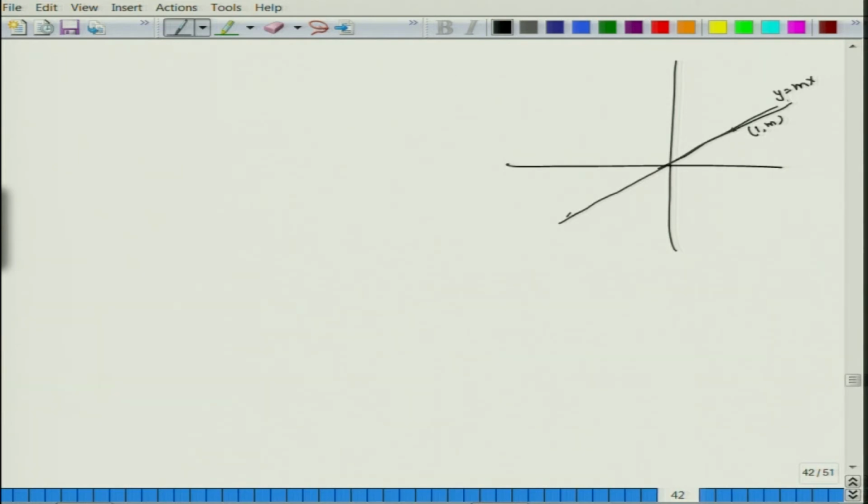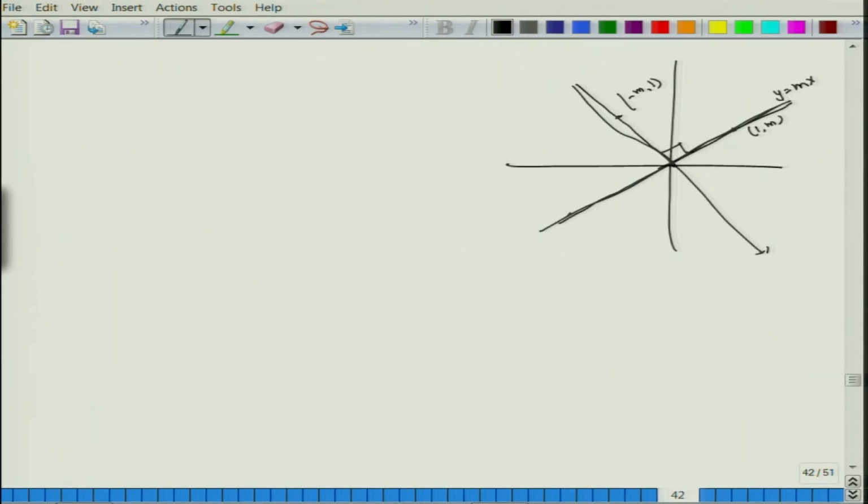So, this is one line passing through origin, which is a subspace. There is another one which is perpendicular to it. Since it is perpendicular, there will be a point here which is m comma minus 1, fine. So, here it should not be minus 1 because I am looking at the height is always 1. So, it will be this side, so minus m comma 1 here, fine.